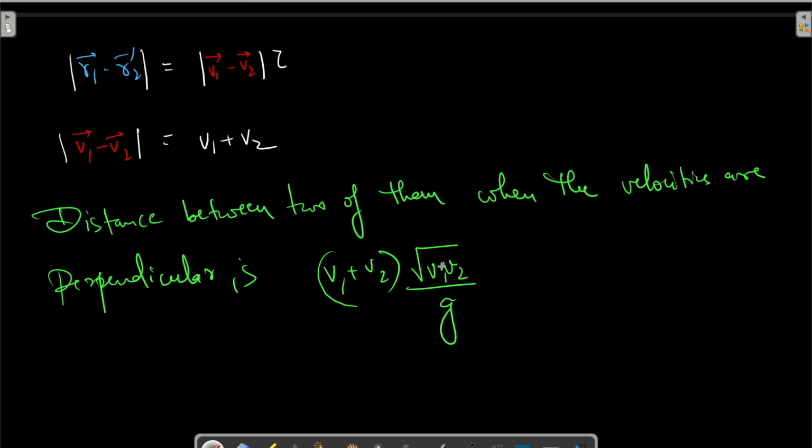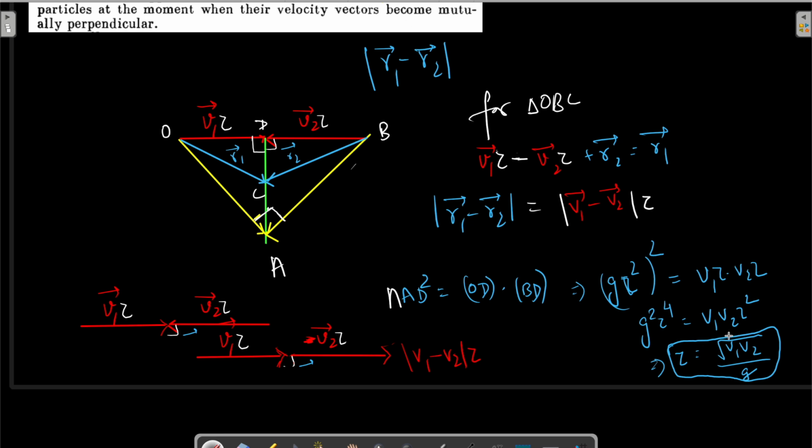We use the perpendicularity of the velocities for finding the tau value. This is the time when both velocities will be perpendicular to each other.